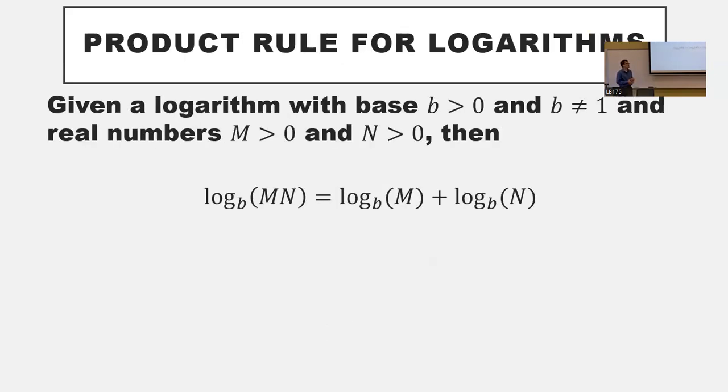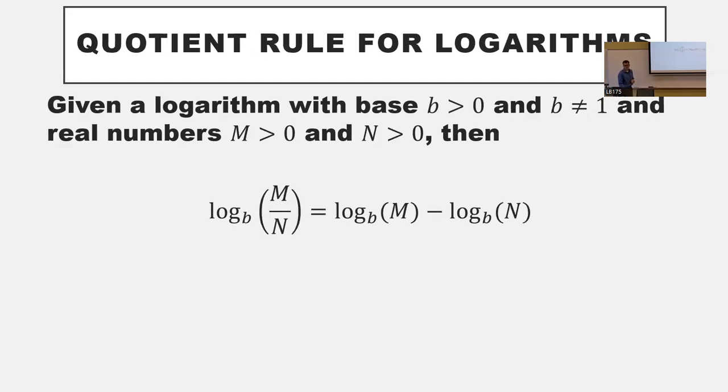And then we saw our product rule for logarithms, which said log base b of m times n is equal to log base b of m plus log base b of n. We saw our quotient rule. This was all from last time. Log base b of m divided by n is log base b of m minus log base b of n.